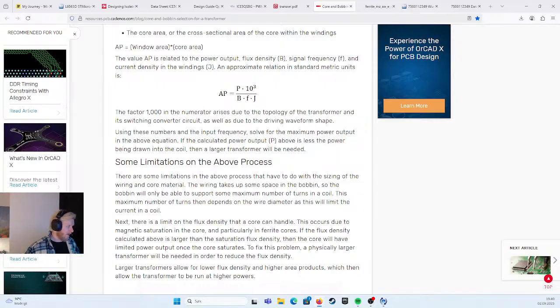Inductance is measured in Henry. It's influenced by the number of turns, core material, core geometry. So it's representing the efficiency of energy transfer between primary and secondary.